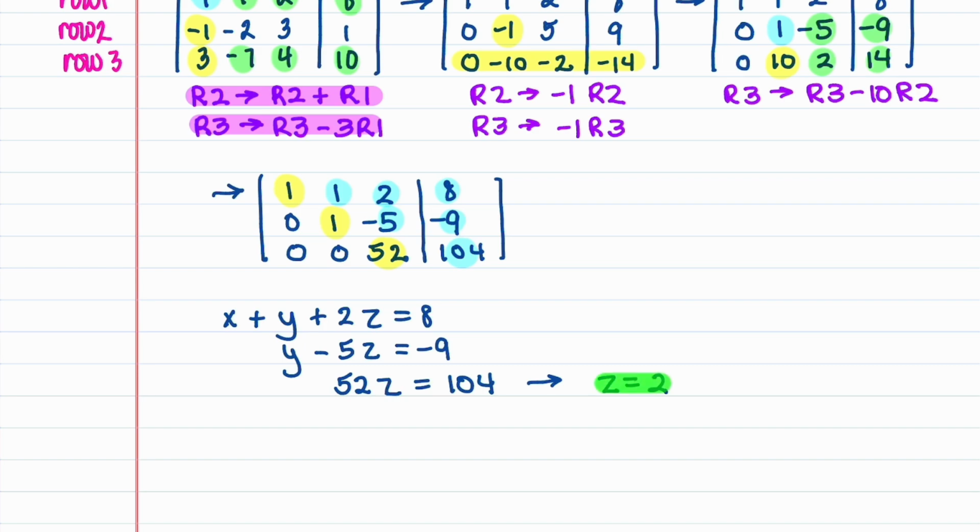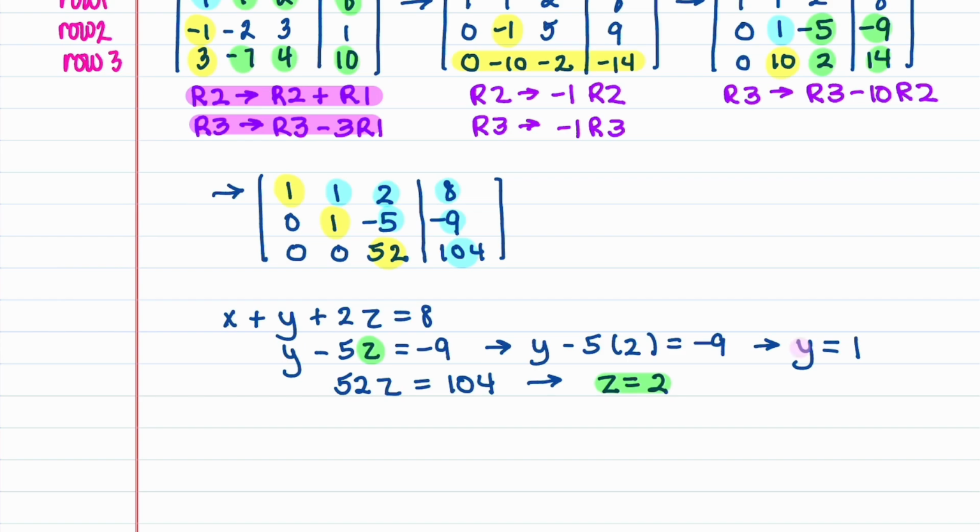Let's highlight this. Now we're going to take that value for z and plug it back up into our second equation. So our second equation becomes y minus 5 times z, which is 2, is equal to minus 9. This gives us y is equal to minus 9 plus 10, which is 1.